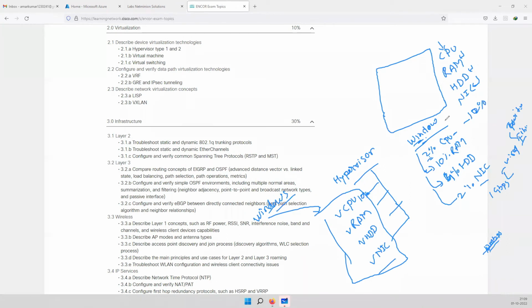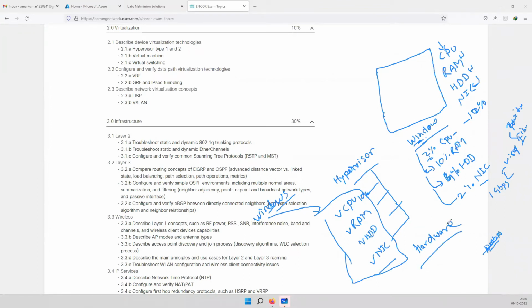So that is virtualization, where you are doing the replication of your physical infrastructure into the virtual infrastructure. Similarly, you can do the virtualization at the hardware level. This is known as hardware level virtualization because you have done the virtualization of your hardware.